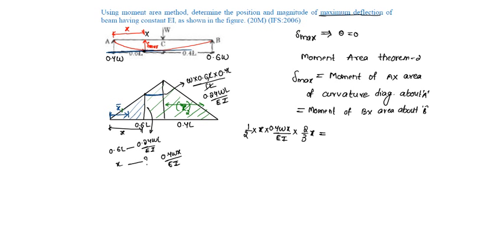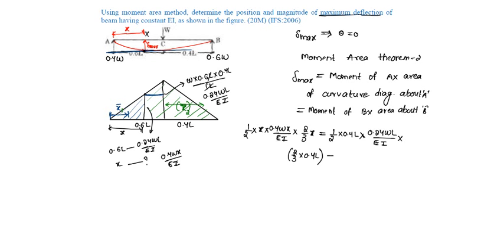Now let us write the equation: half base is 0.4 L for the biggest triangle into height is 0.24 WL by EI into CG distance is 2/3 of 0.4 L for that.